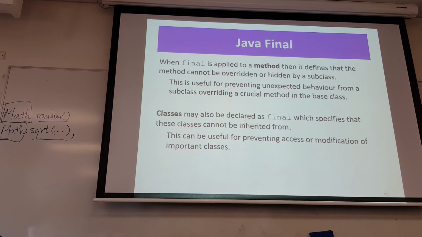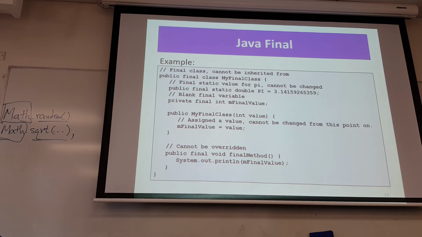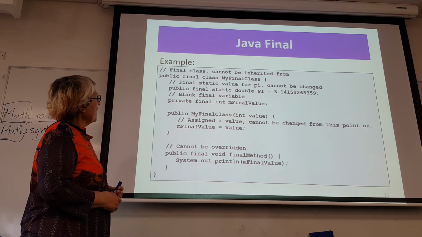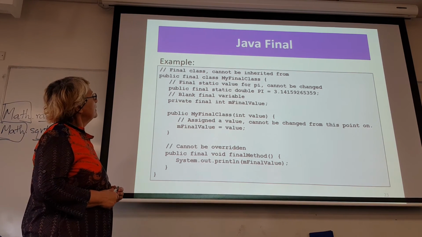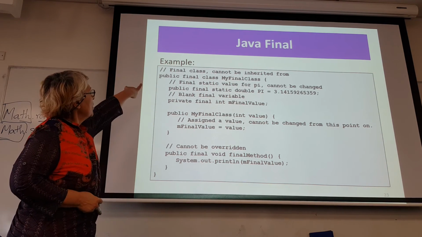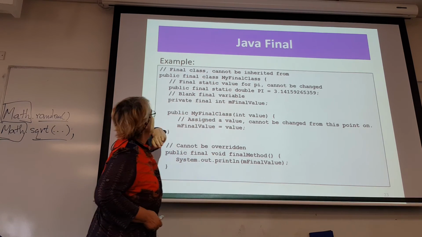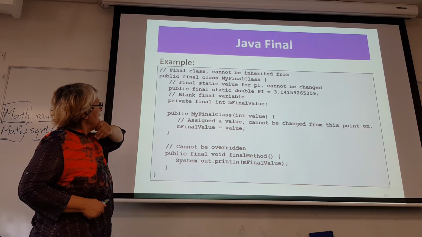A class itself can be declared final, which means the class cannot be derived from. It can't be extended. Important classes are not derivable. So here, notice final, it says this class cannot be used in inheritance.